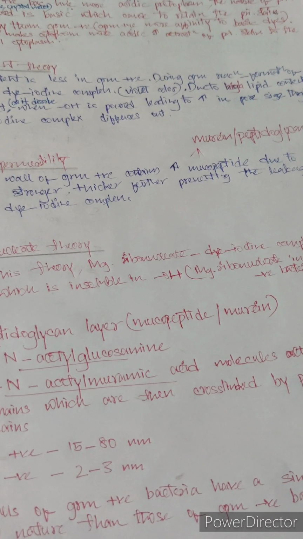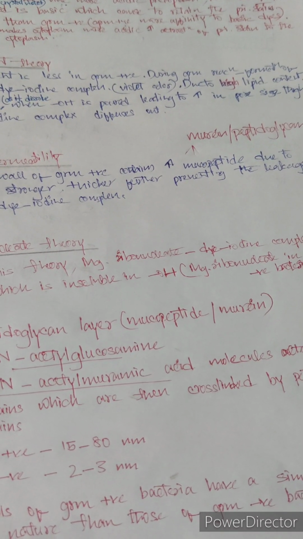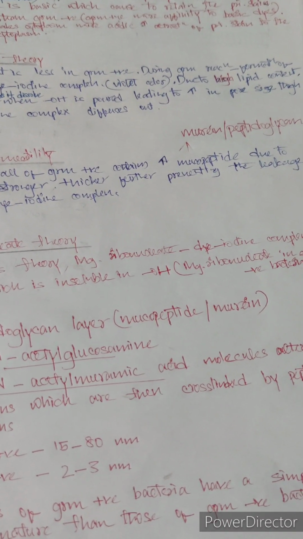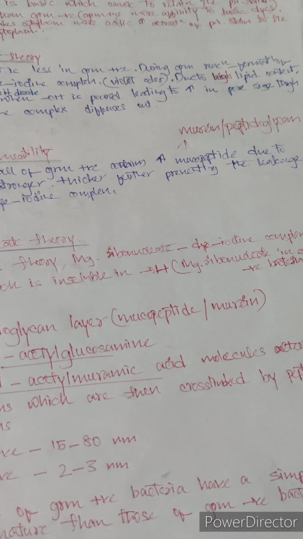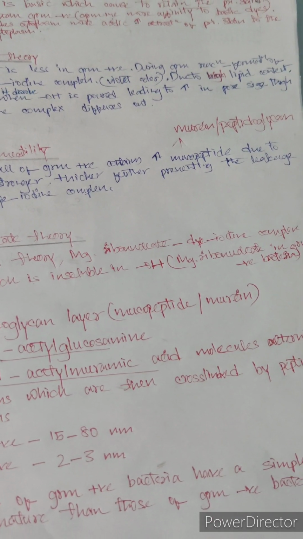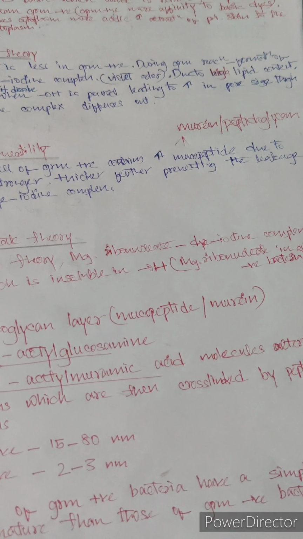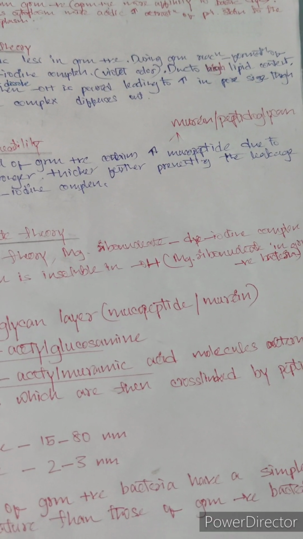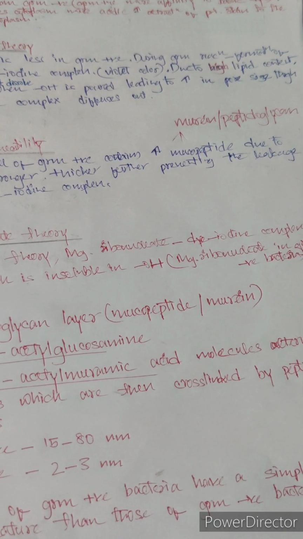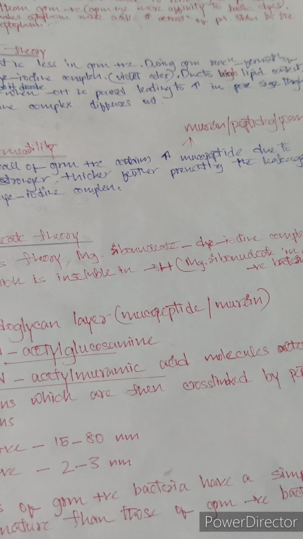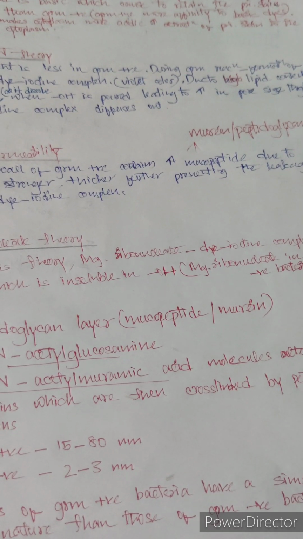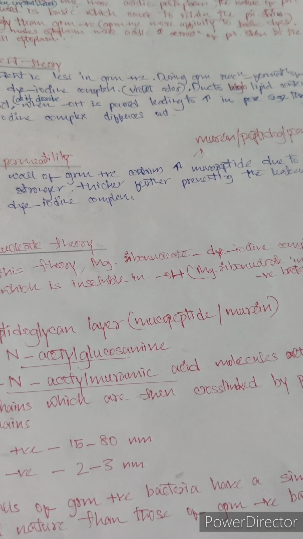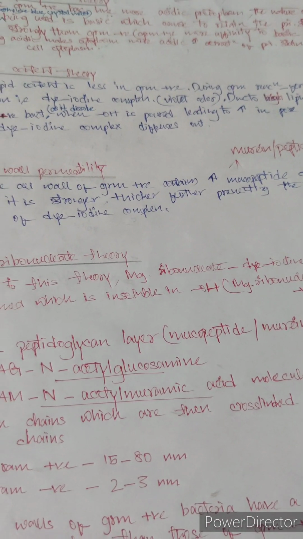So when alcohol is poured on the gram-negative bacteria, remember there was a high amount of lipids in gram-negative bacteria. So if there is a high amount of lipid, obviously there will be a high amount of breakage of these lipid membranes, leading to an increase in the pore size, through which this diiodine complex diffuses out.